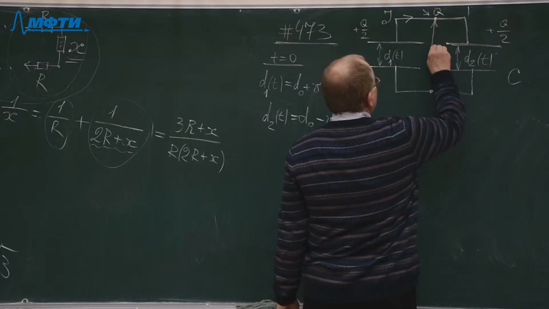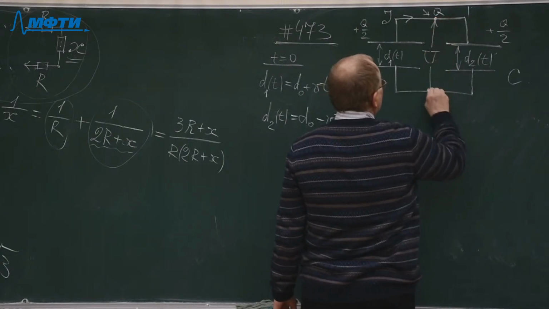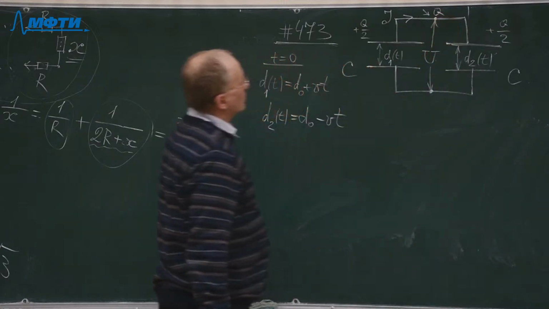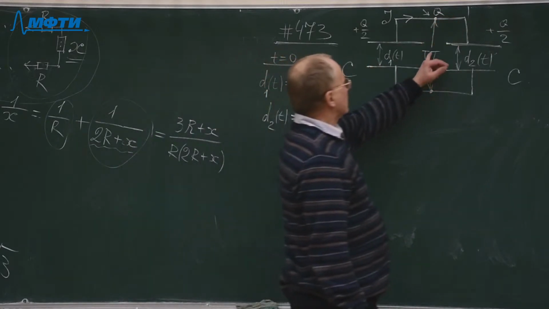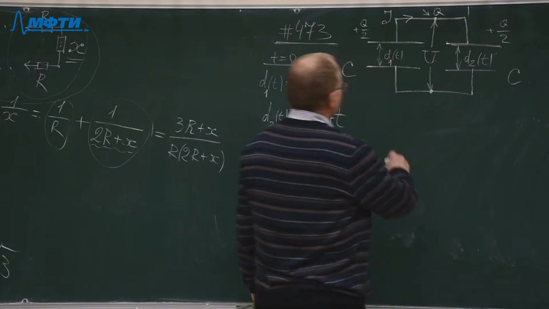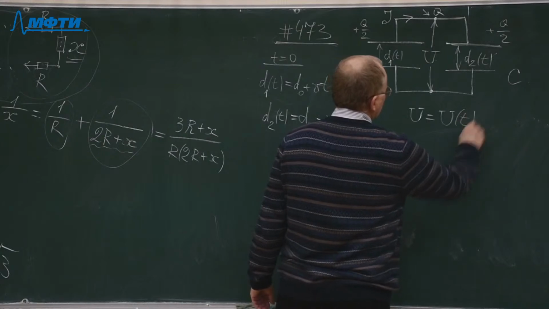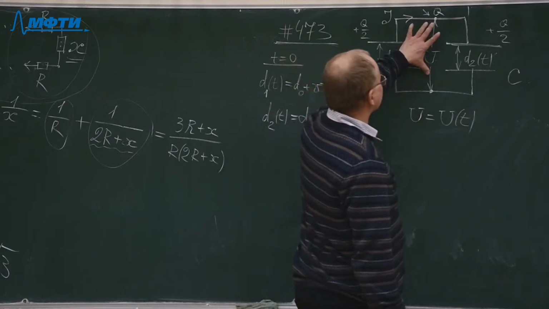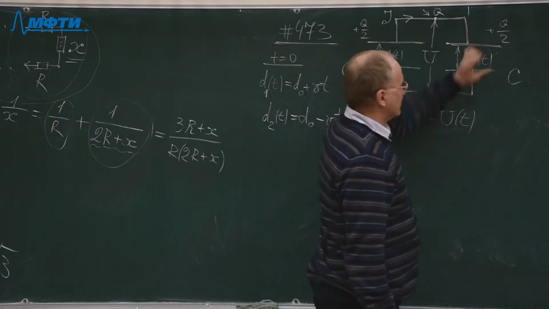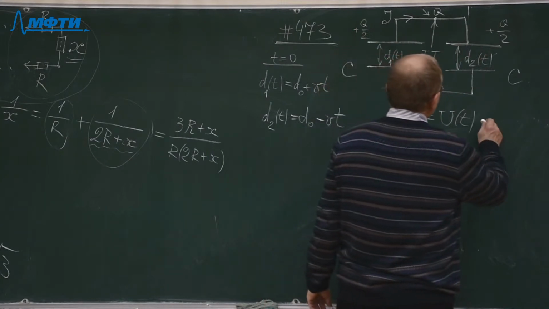The potential difference U between upper and lower plates of the capacitor will be a function of time. It will change in time. But it will be the same for the first capacitor and the second capacitor.